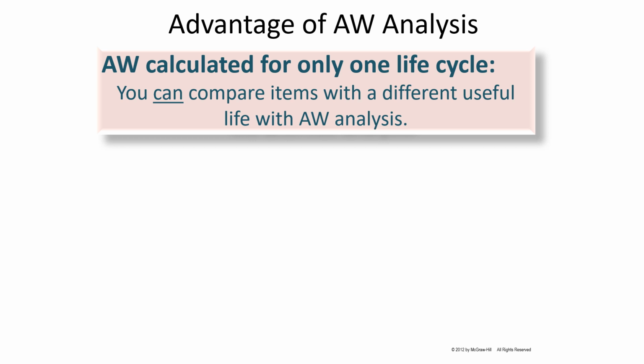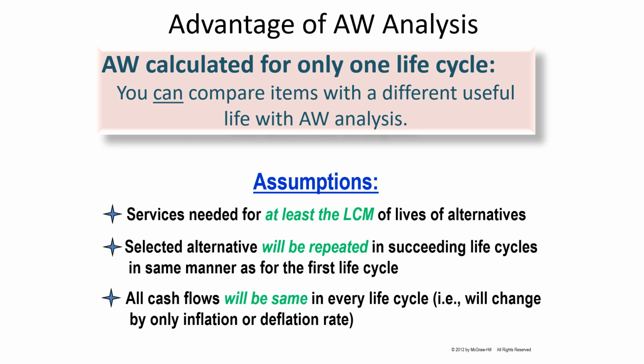Then annual worth analysis will allow you to do that without having to manually make the adjustment by finding the least common multiple term. But in order to be able to solve with annual worth analysis, you have to at least have services needed for the LCM of the two options that would have been calculated if you're comparing something, for example, that's 3 years and 7 years, the LCM of 21. You're going to have to repurchase the item that is a 3-year duration several times to make it through the LCM.